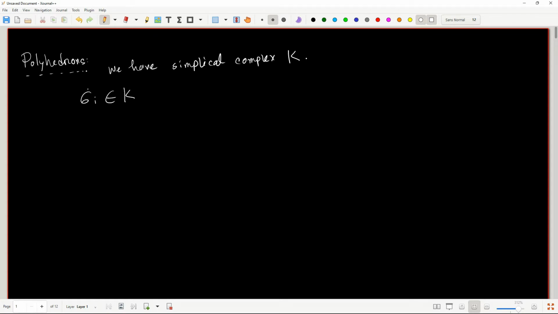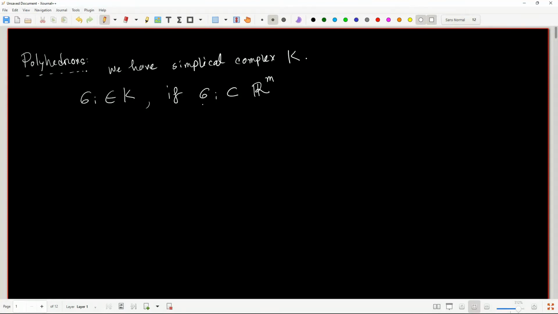So let's say there is some sigma I that belongs to K, and if this sigma I is a subset of some m-dimensional space, for example, you can take m equals to 3, and that would mean that you are talking about a 3-dimensional space. Okay, so in general we write it as R of m.